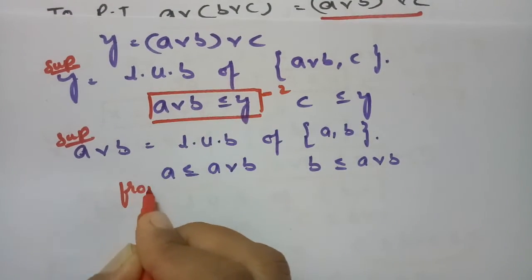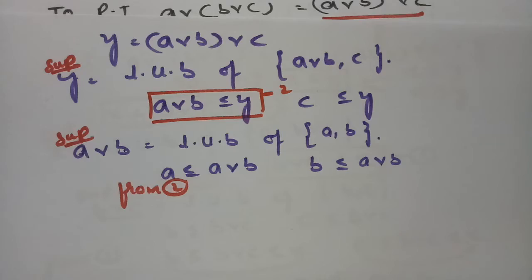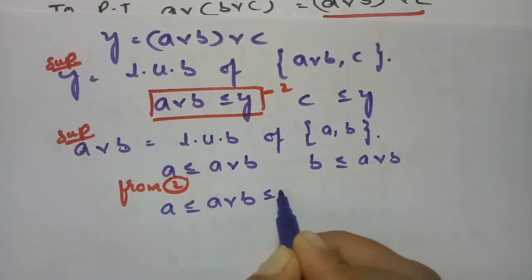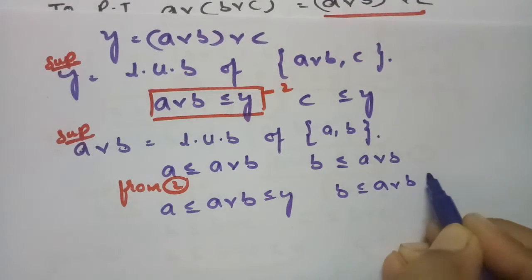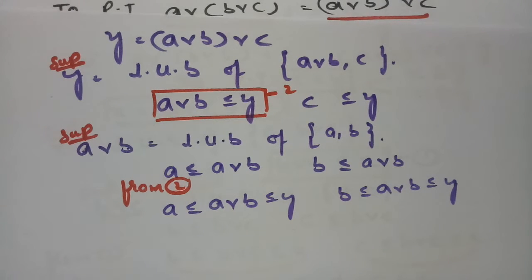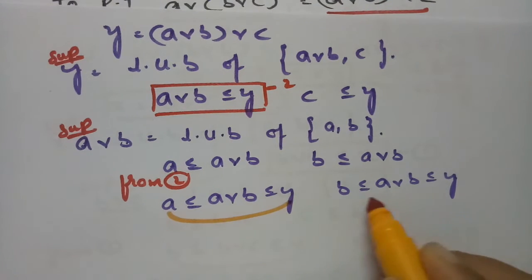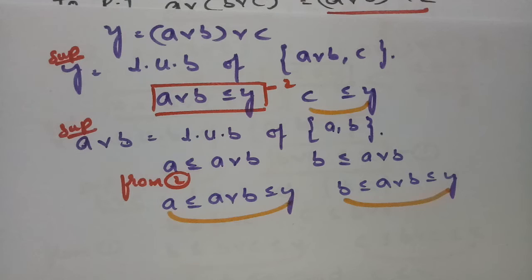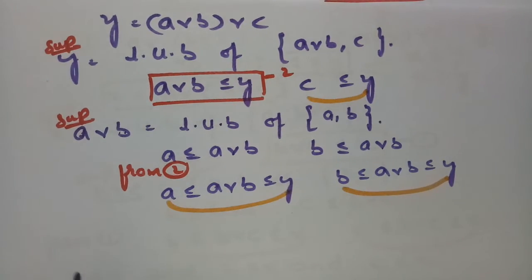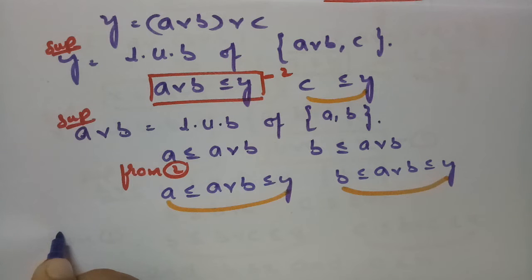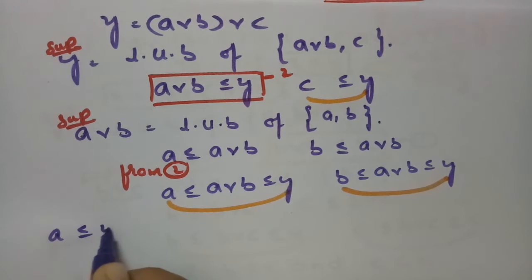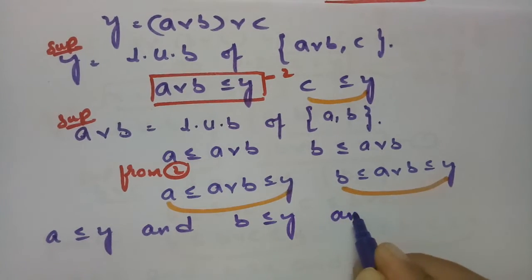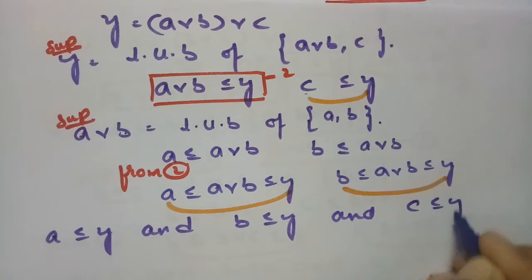From 2, I can extend this: A less than or equal to A join B, and here I can extend it as Y, and B less than or equal to A join B less than or equal to Y. And if you see the property here, A is less than or equal to Y, B is less than or equal to Y, and C is less than or equal to Y.